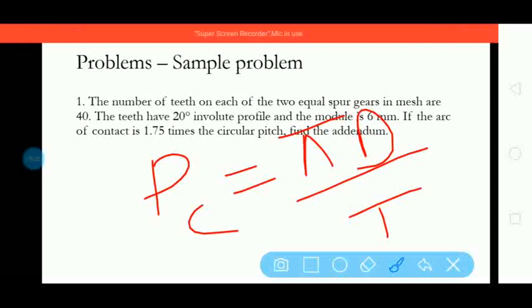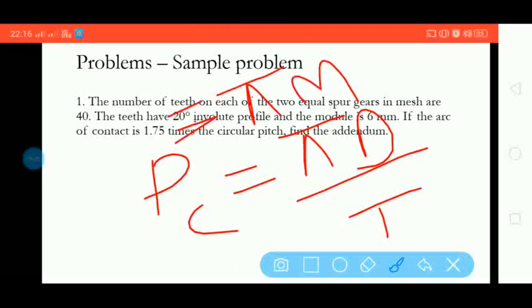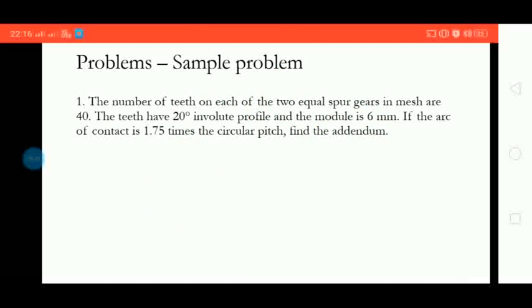Now you can use another term. D by t is already the module, so you can write PC equal to pi m. So what will be PC? 6 into pi, 6 pi. So you got PC, and if you multiply by 1.75 it will give you the arc of contact. So you got the arc of contact also. Okay, I'm not finding anything, I'm just telling the equations and required things.